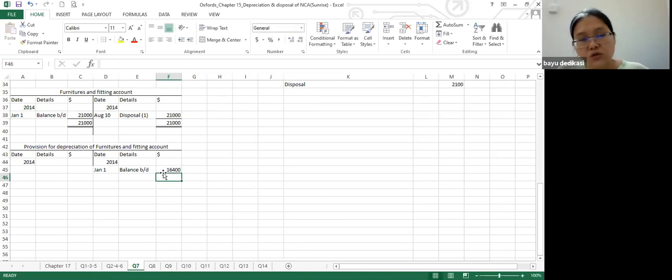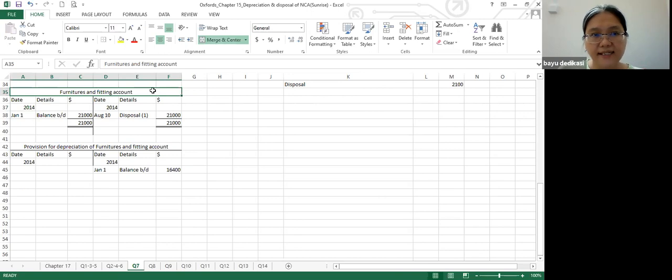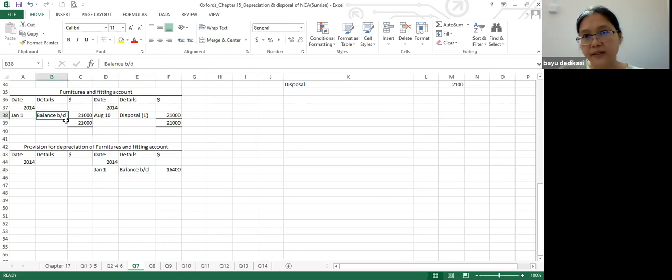First of all, you must take note that this is an asset account. Asset balance brought down is always on the debit side. So provision is the opposite to the cost, so it will be on the credit side. This is a rule you must remember: debit or credit for the balance brought down.